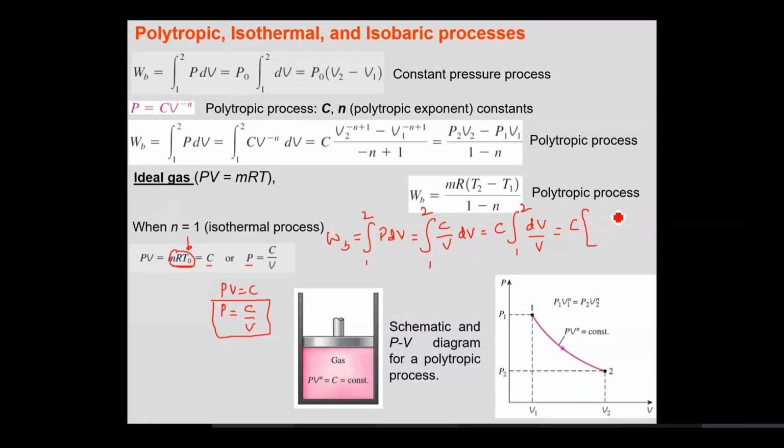C multiplied by ln(V2 over V1). Is it clear?